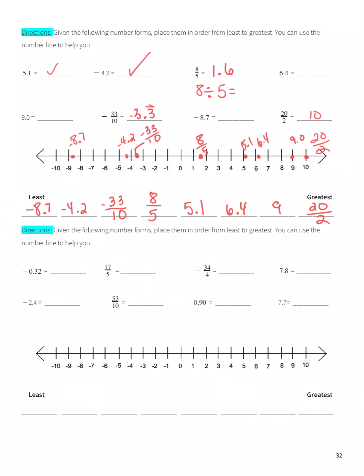So here what you're going to do is the same thing you've been doing, you're going to put the numbers on the number line and then order them from least to greatest. Remember, the more negative a number is, the smaller it is. So the more you move to the left on the number line, the smaller the number gets.